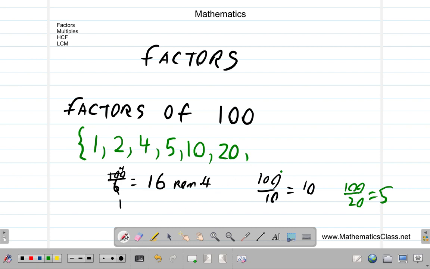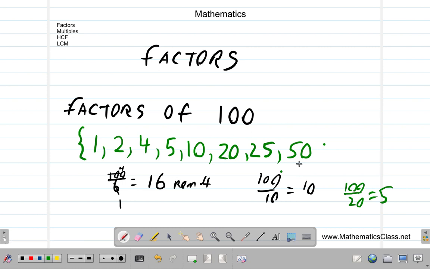What could be the next one? Well, 100 divided by 25 is 4. No remainder. So 25 is a factor of 100. I know that the next number is 50. 50 divides directly into 100 because you get no remainder.